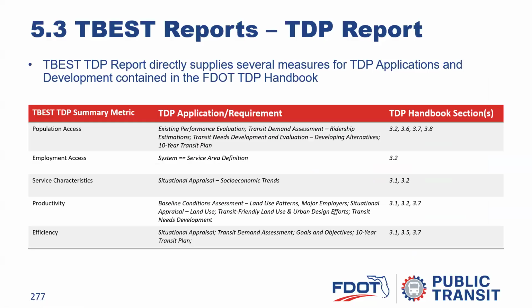This TDP report fulfills some application development contained in the FDOT TDP handbook. Just as a reference for you, the summary metric, the population access, employment, service, and productivity and efficiency metrics, all of those are fulfilling a specific TDP application requirement as described in the TDP handbook.